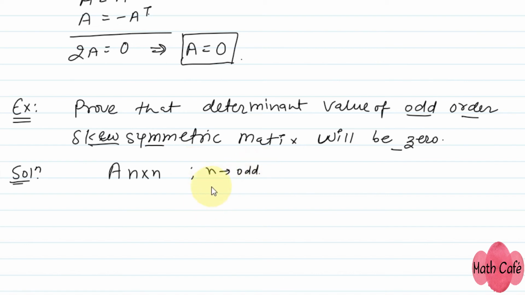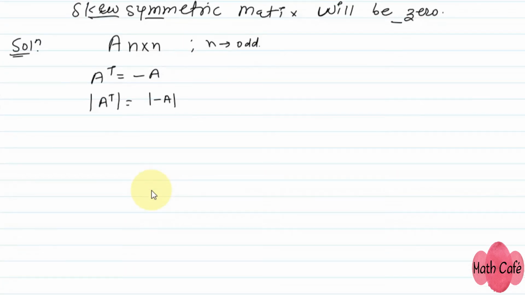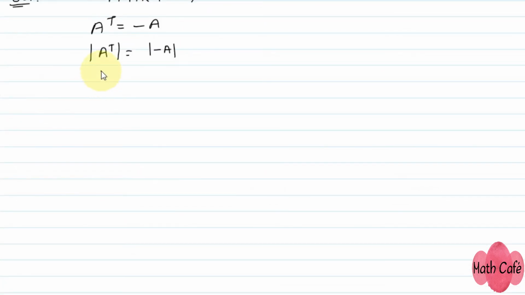If A is a skew symmetric matrix, then I can write A transpose is equal to minus A. If I take determinant on both sides, then determinant of A transpose will be equal to determinant of minus A. As we know, determinant of A transpose will be equal to determinant value of A, and determinant value of minus A.